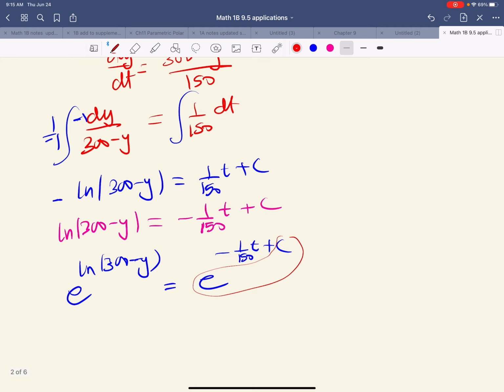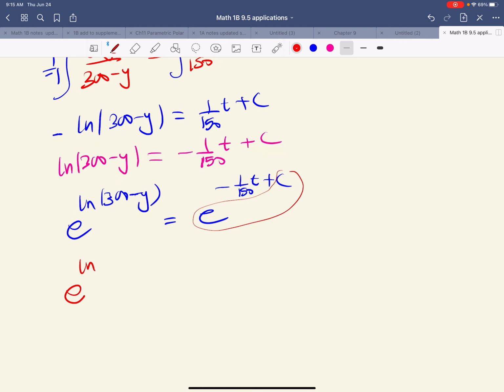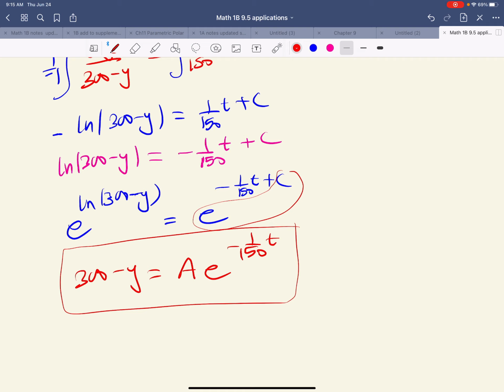So e to the power natural log of (300 minus y) is just 300 minus y, and that's a times e to the power -1 over 150 t. This is my general solution for the differential equation.